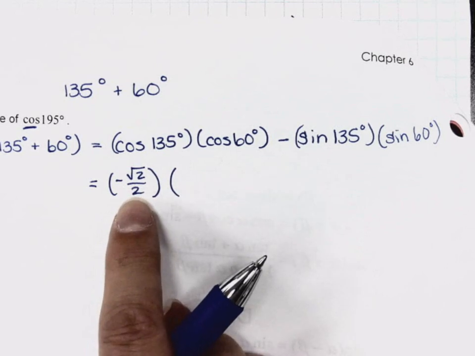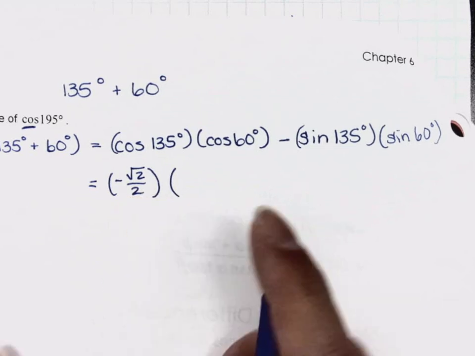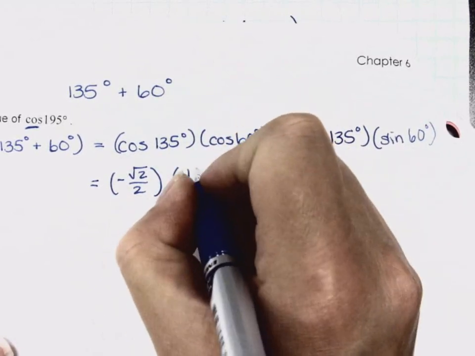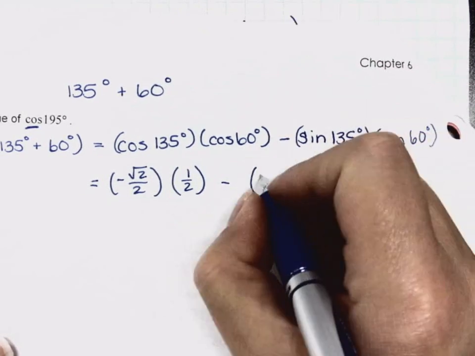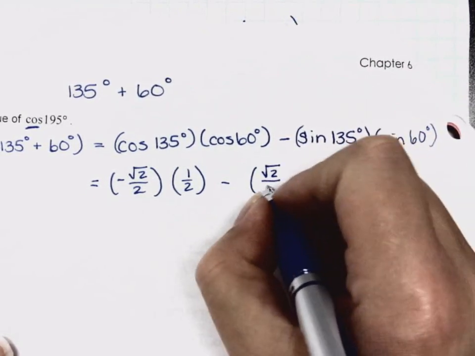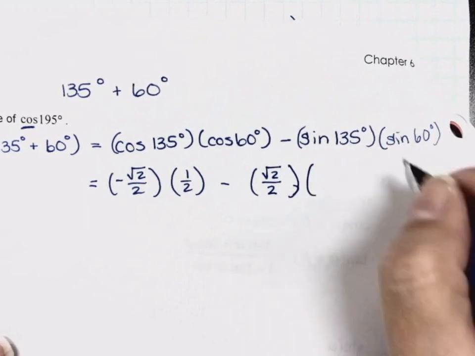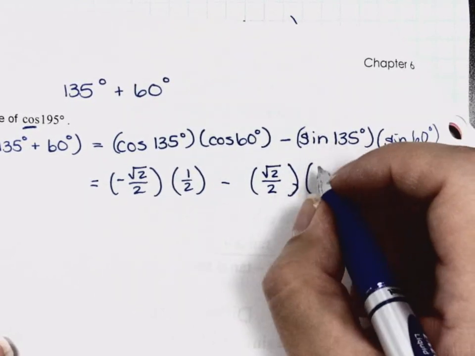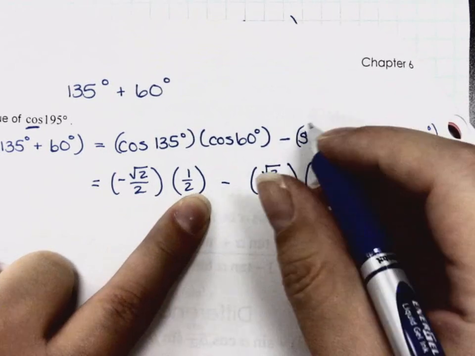Cos 60. I can do cos 60. What's cos 60, everybody? 1 over 2. Sine of 135. I'm in quadrant 2, and I know my y values are positive there. And sine of 60 is going to be, these are a set, right? You're always finding a coordinate pair.